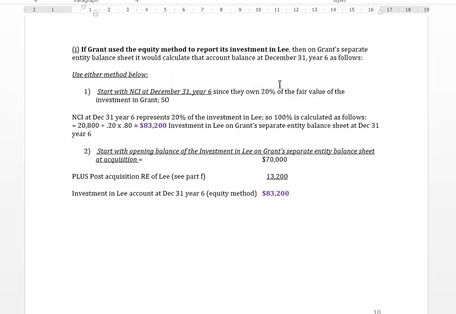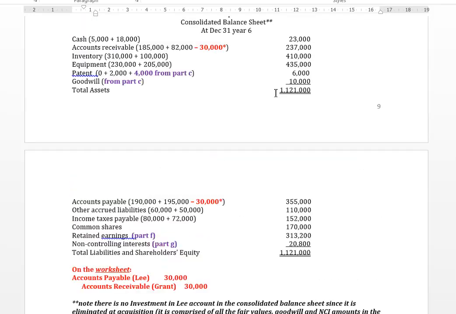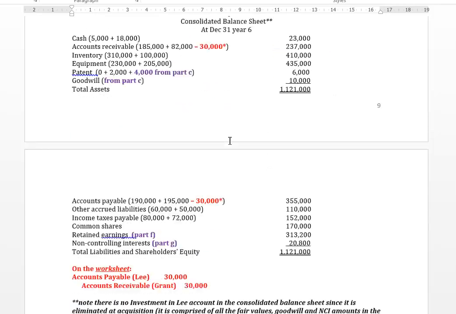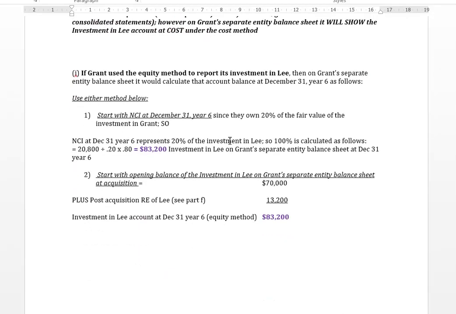You calculated that earlier on in this question, right? You can use this value that you found for NCI at the end of year 6, $20,800. Why? Well, don't forget that $20,800 represents the non-controlling interest shareholders' share of the fair value of the investment in Lee, because NCI shareholders are shareholders in the subsidiary company, Lee, not the parent company, Grant.